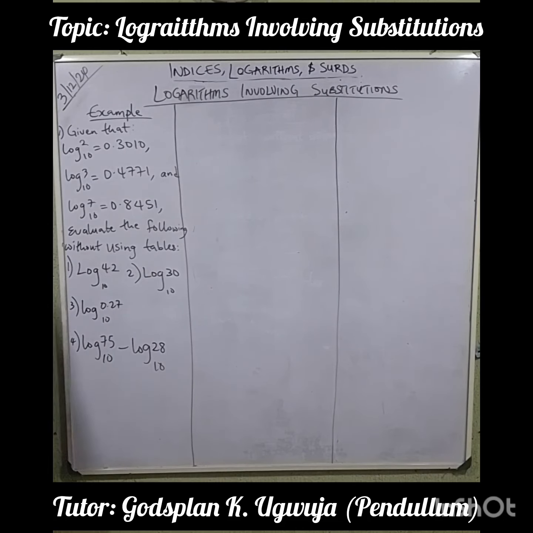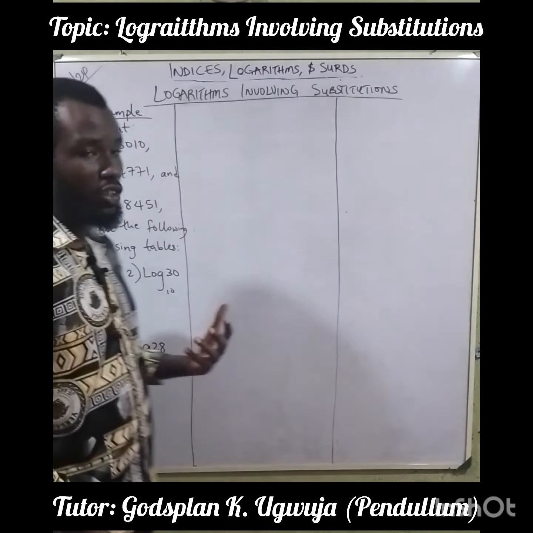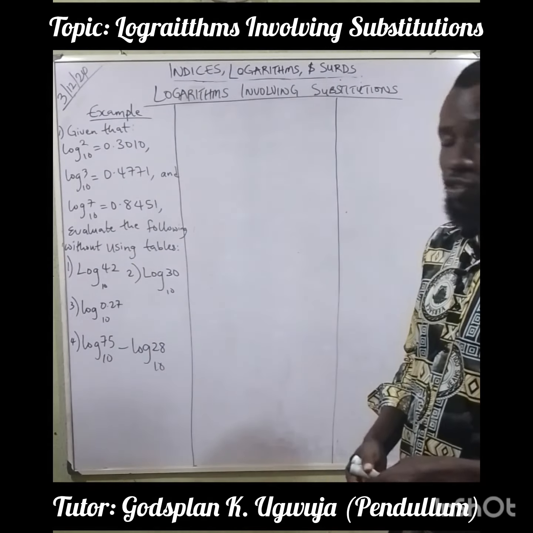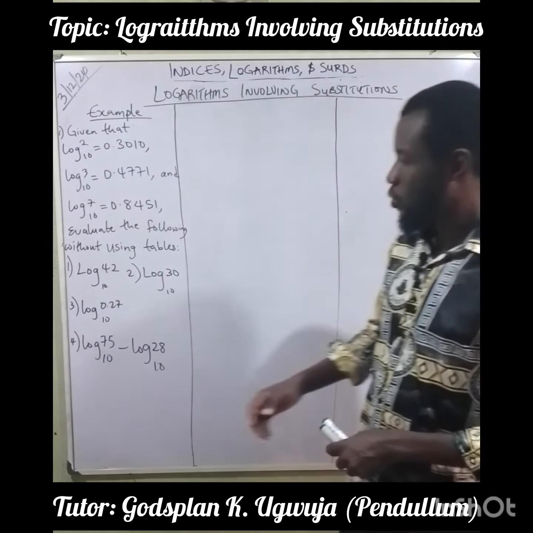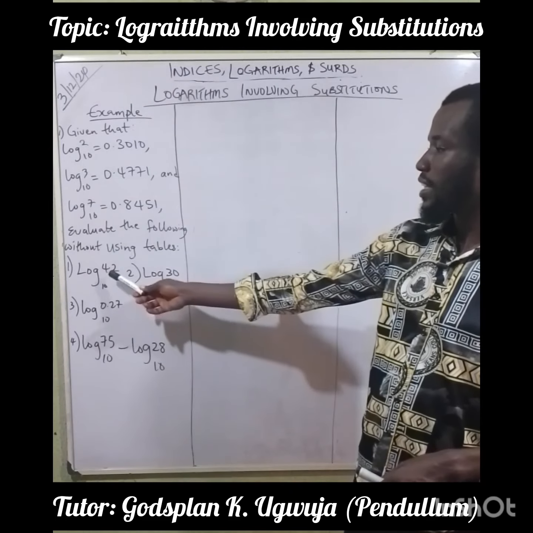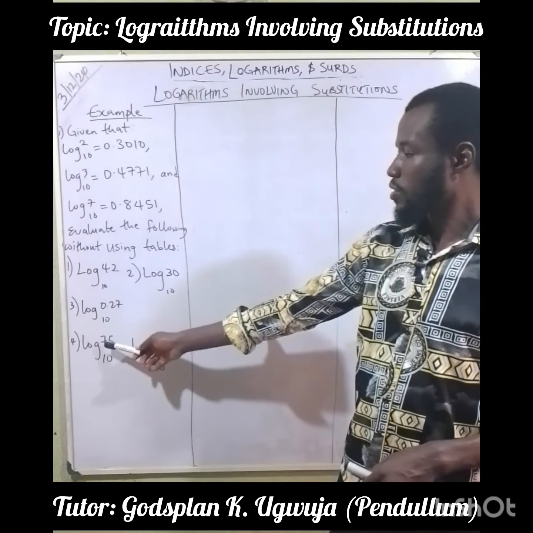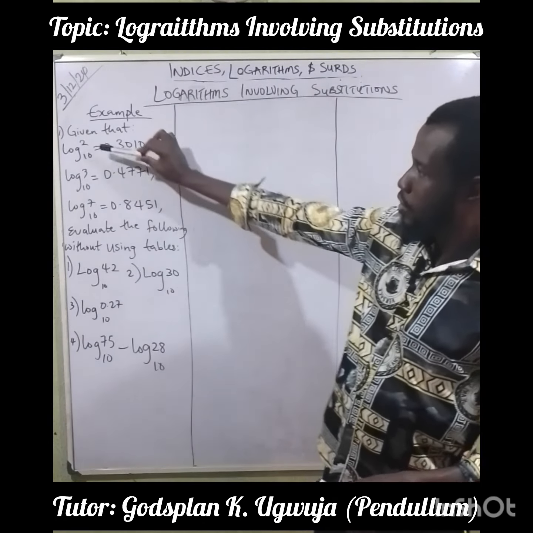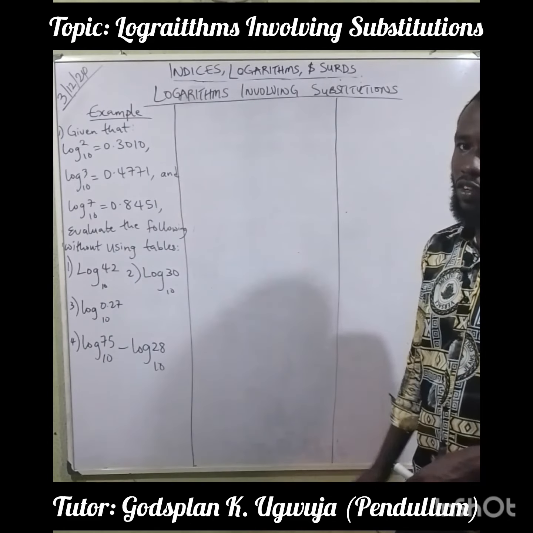So basically what you are going to do whenever you see a question like this involving substitution is find a way to break down what you're asked to evaluate as a product of these substitutes they have given you.